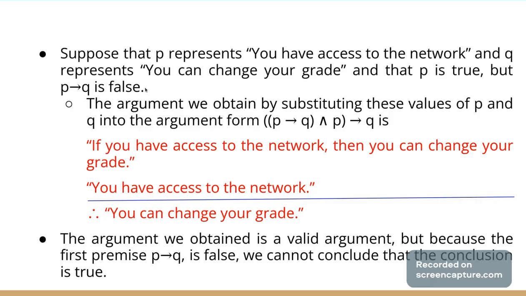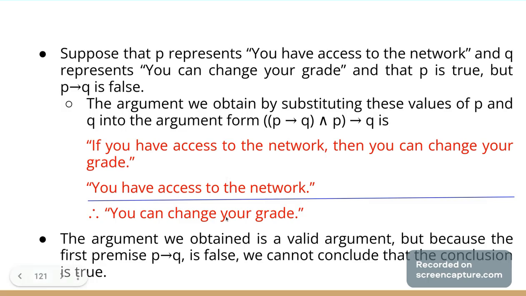You have access to the network is true, but because you have access to the network, you can change your grade is not true. It's false. So the format is the same, but the first premise is false and the second premise is true.